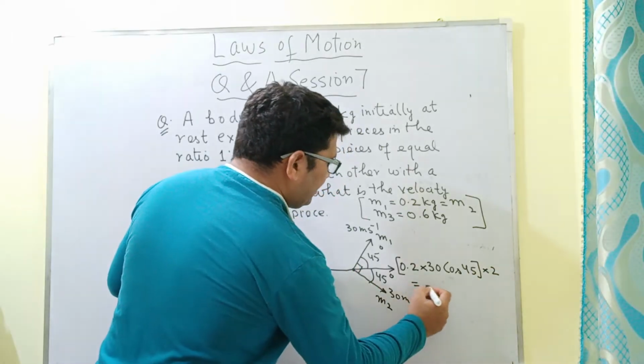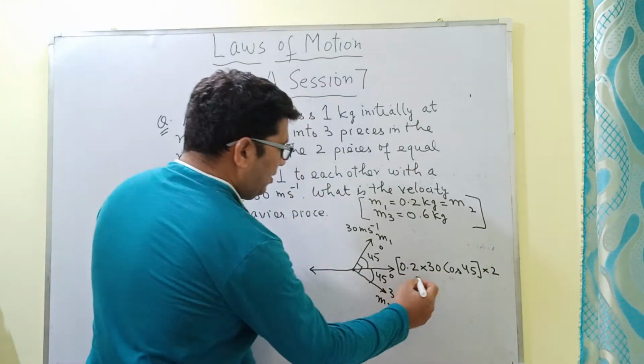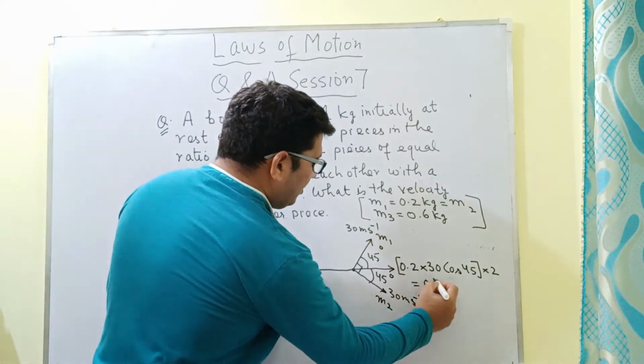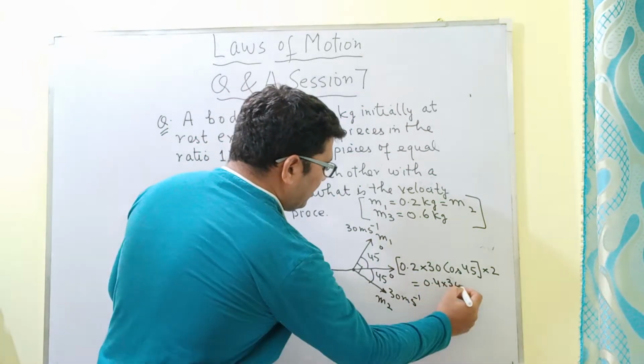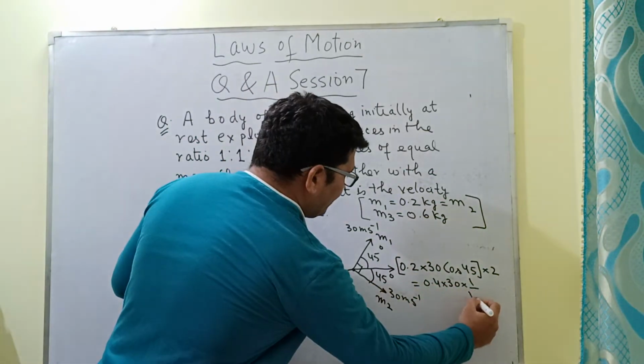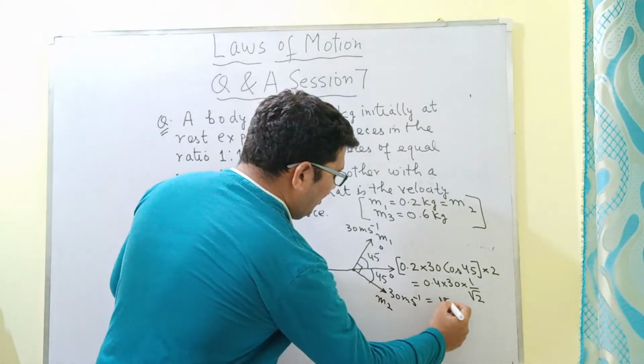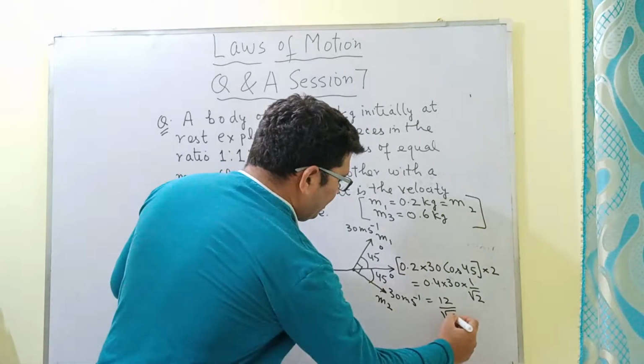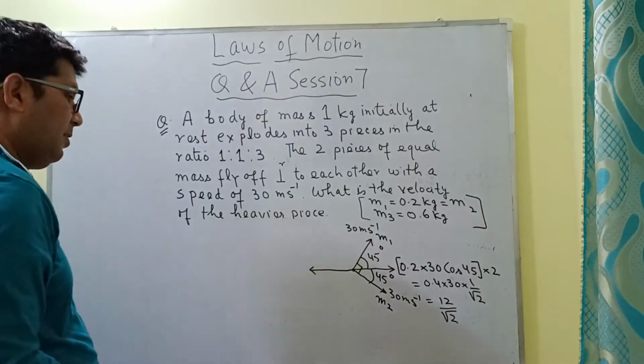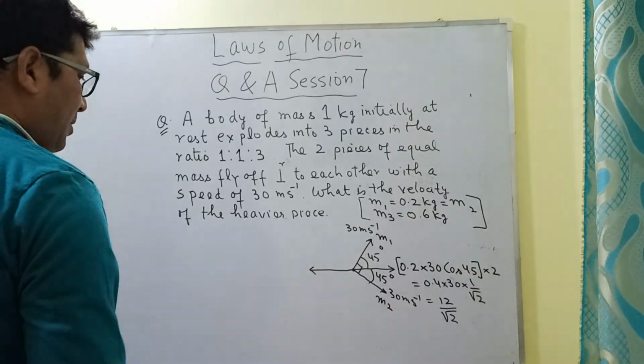Okay, so this will be 0.2 into 2 is 0.4, into 30. Now cos 45 is 1 by root 2. Okay, so this is equal to 12 divided by root 2.